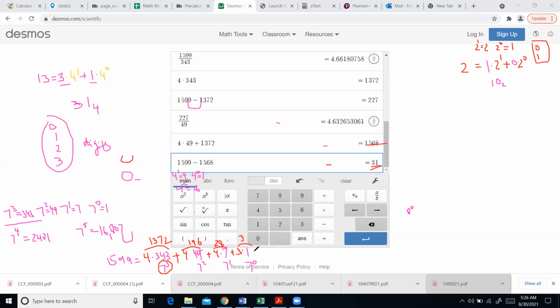So the point of story is to break those numbers with powers of 7. And finally, write the answer that is composed from first digit. So it's 4443. So this number is one that is in the base 7.